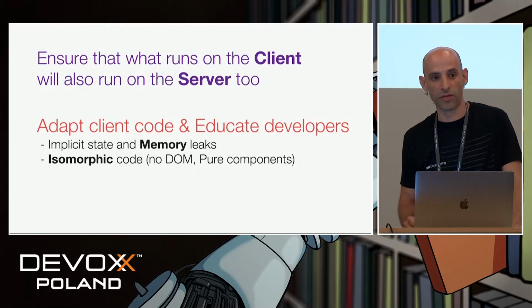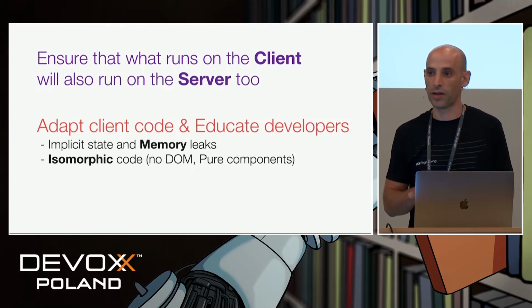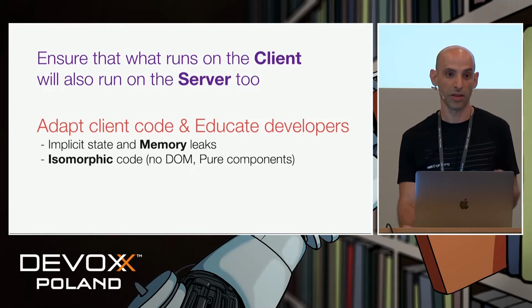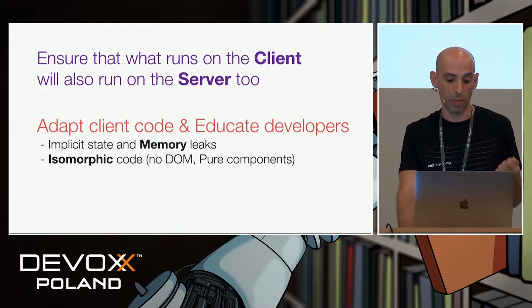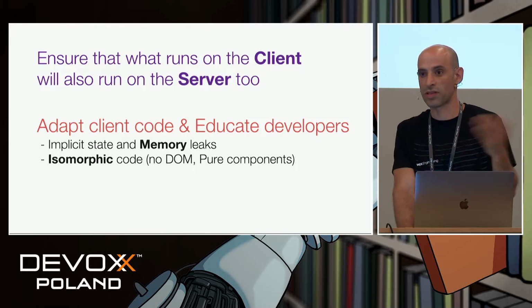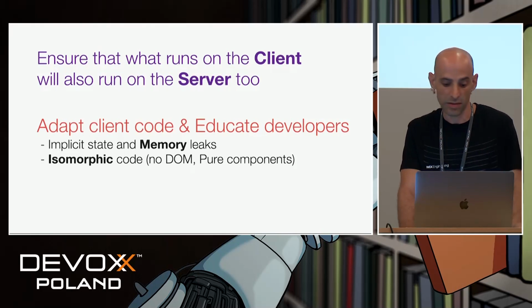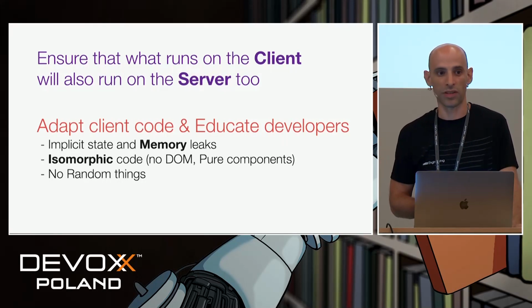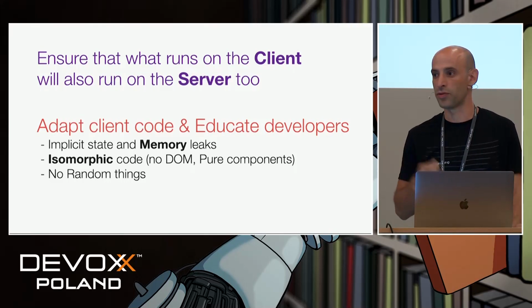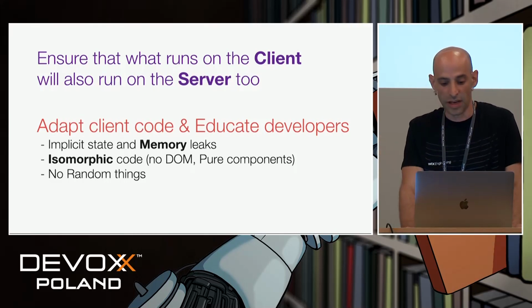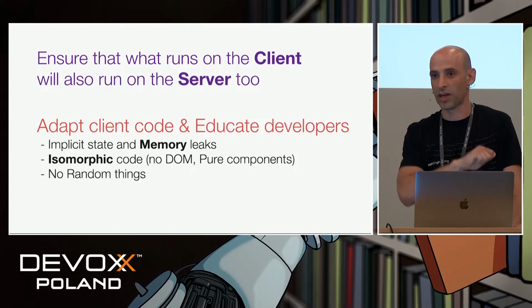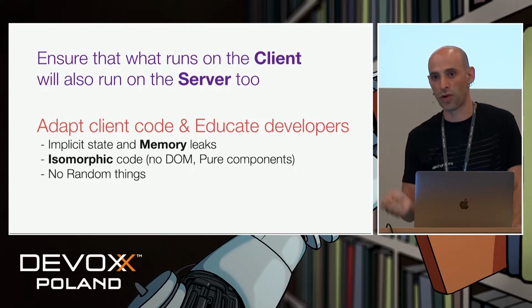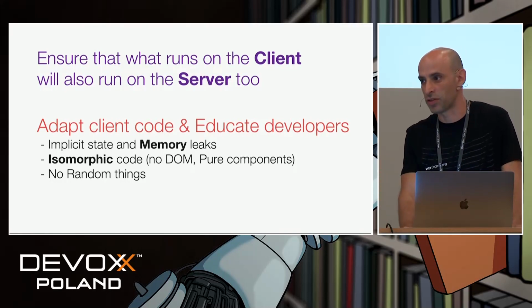Also, when you move to server-side rendering, you have to have your code run both on the server and the client. So you have to fix all of the places where people are accessing the DOM or don't write pure components and store state in some places. Everything needs to be pure. Another thing is that if you have a random value, for example, you're taking a timestamp or randomizing some UUID, you have to have the same thing happen on the client side, because otherwise React will drop all of the work that you did on the server.